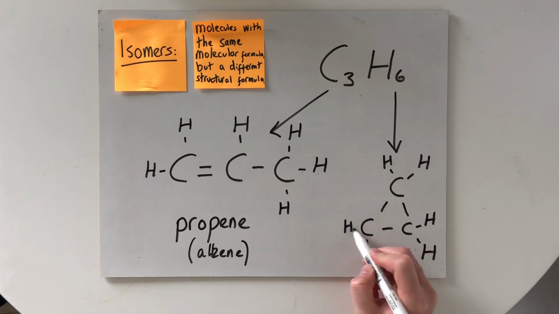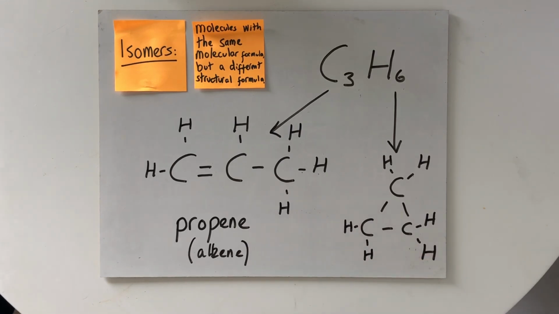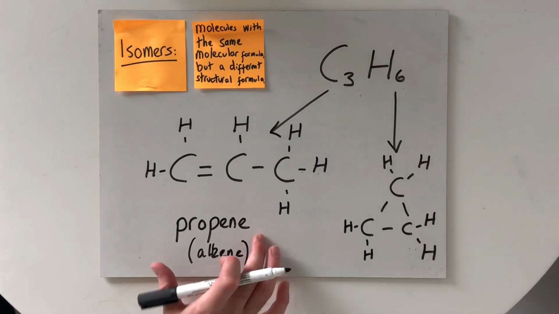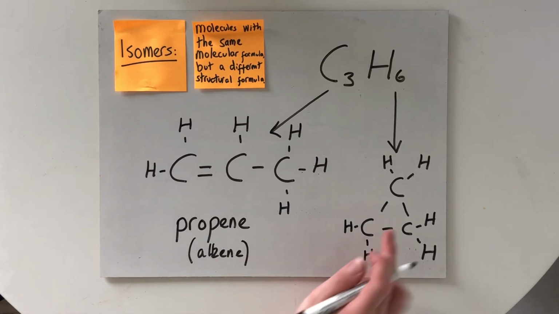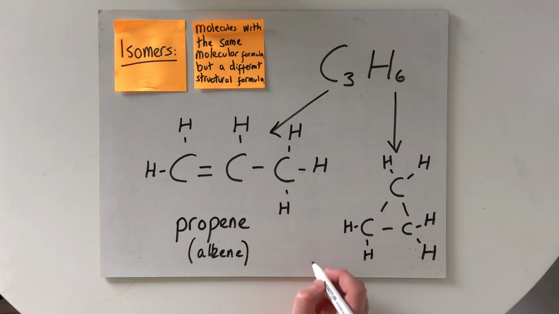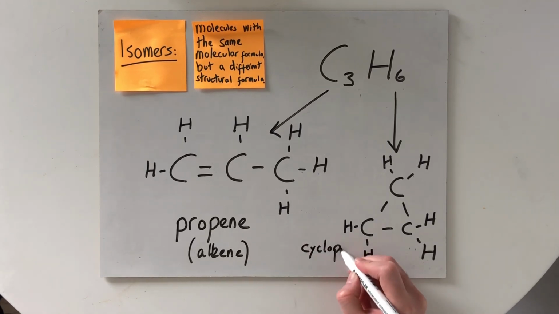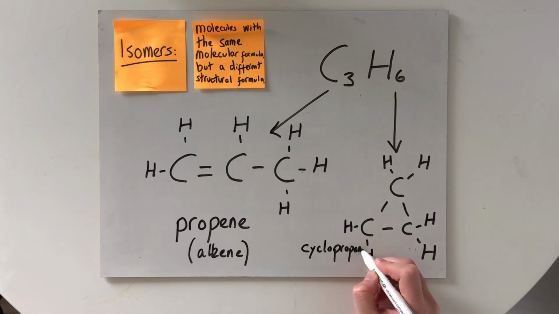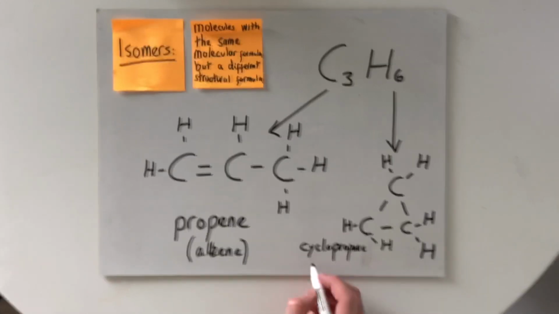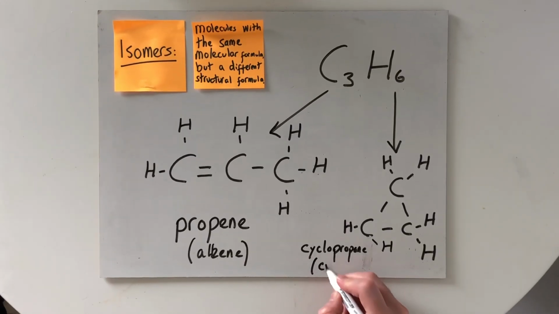If any of this stuff is sounding unfamiliar, please go back and watch any previous videos in this series. They will all be linked in the description. There's also a playlist on the channel if you want to look at alkenes or cycloalkanes. So 3 carbon atoms in a ring, we call that cyclopropane. Now, I'm quite tight for space here. I mean, we move this. There we go. And that is a cycloalkane.